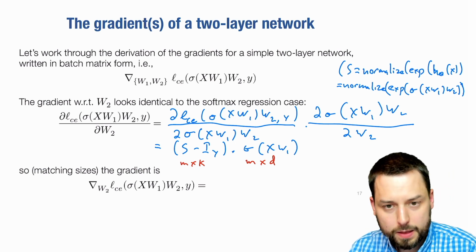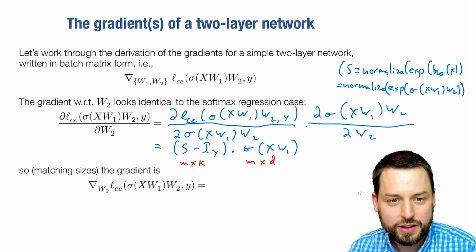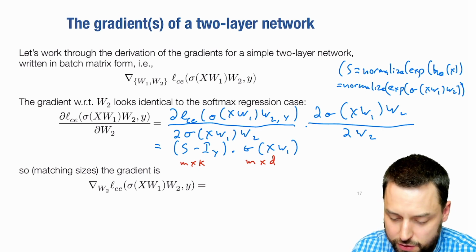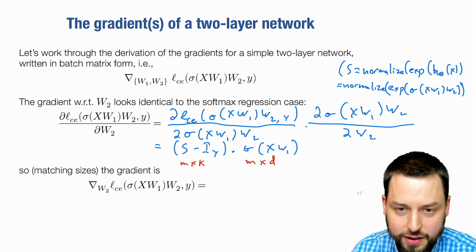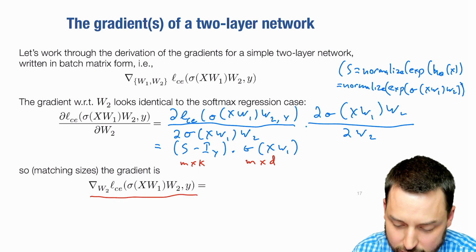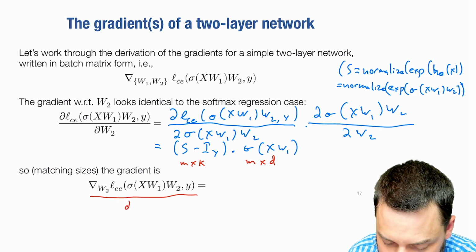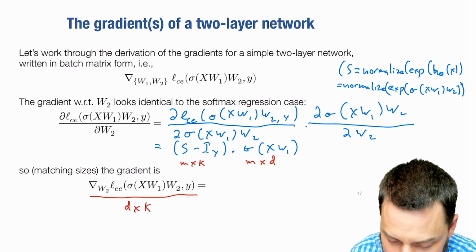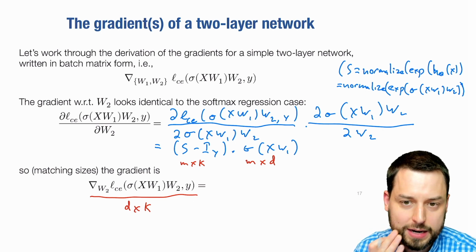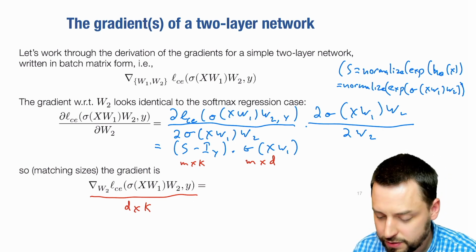So our next question, of course, is how do we actually compute the gradient from this? Well, we know that the gradient with respect to W2 of this loss is going to be a d by k dimensional matrix. That was the size you saw a few slides back.